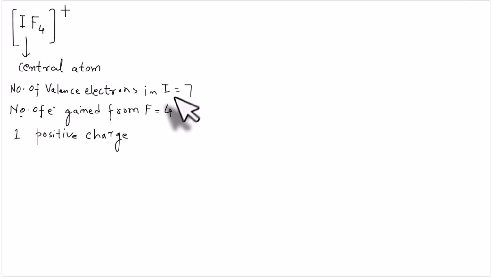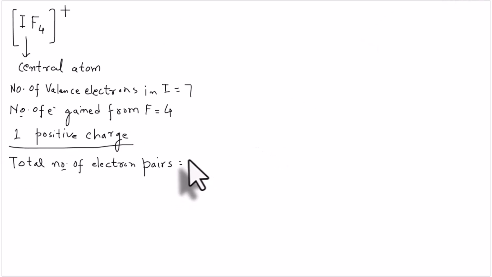And then we have 1 positive charge. Now the total number of electron pairs: we add the valence electrons of the central atom and the electrons gained from the bonded atoms, and since we have a positive charge, we have to subtract that charge, and that is divided by 2. So we have 10 by 2, that is 5. So we have total number of electron pairs 5.